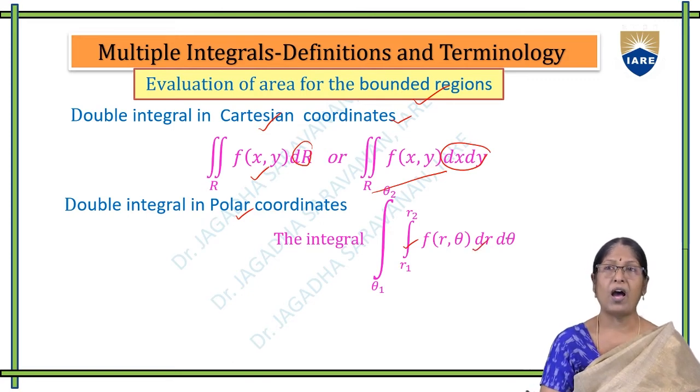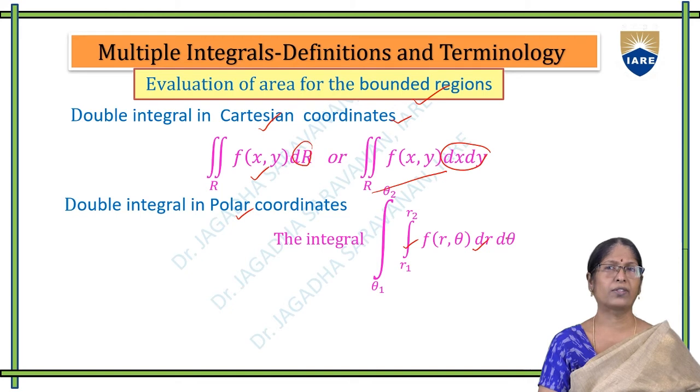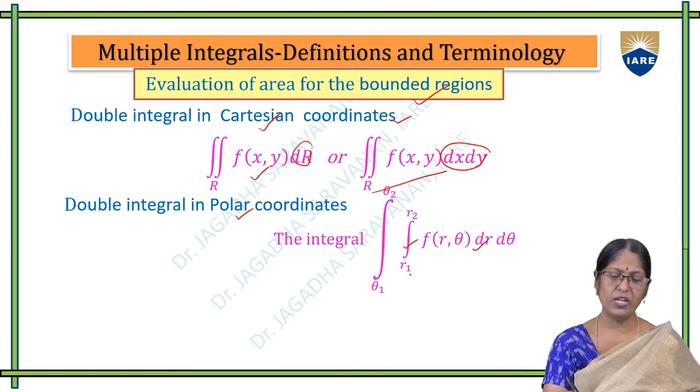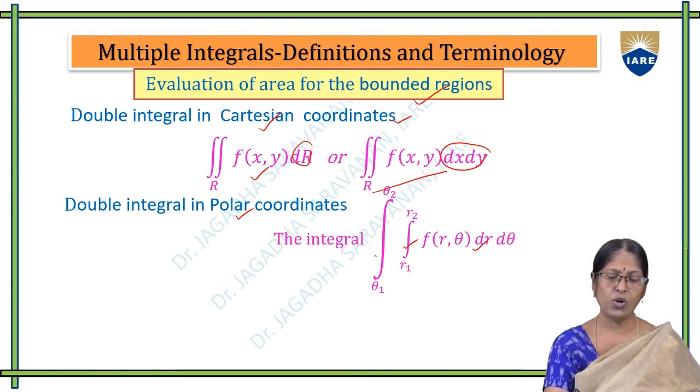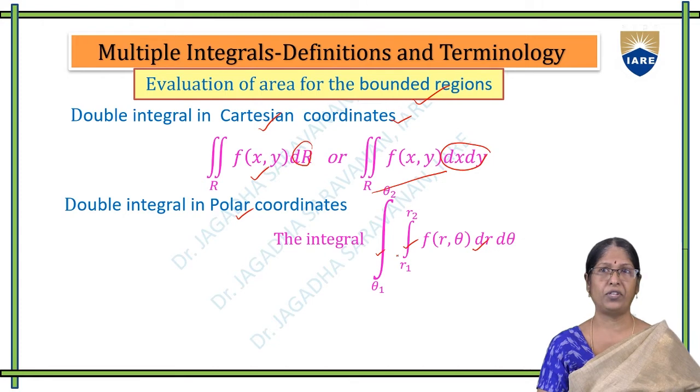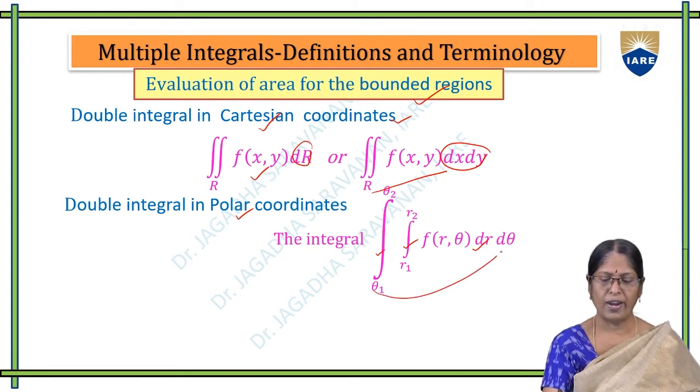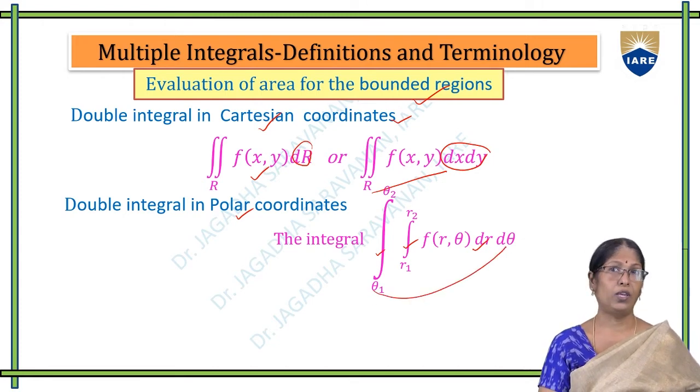We have to do the integration with respect to the radius first. Here in the formula, the interior one is defined for the radius as a function of theta, and the outermost one is defined for theta.